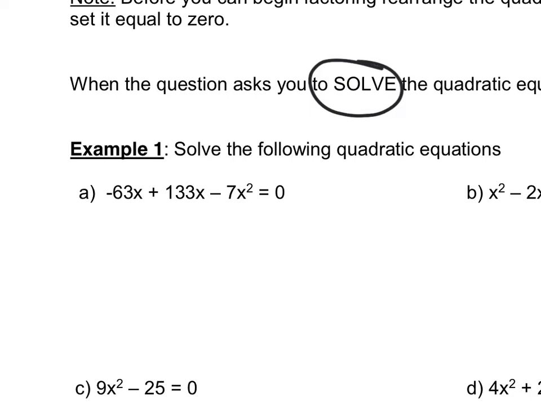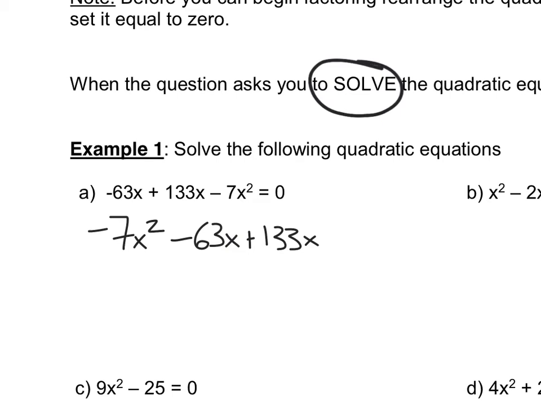If I look at this first example, I've got negative 63x plus 133x minus 7x squared. So my first step would be to rearrange this equation so it's in the proper form. So we know we have to lead with our highest degree, which is the negative 7x squared, followed by that negative 63x plus 133x.